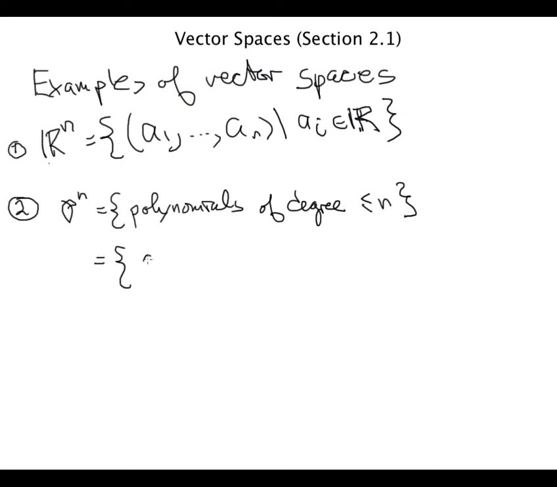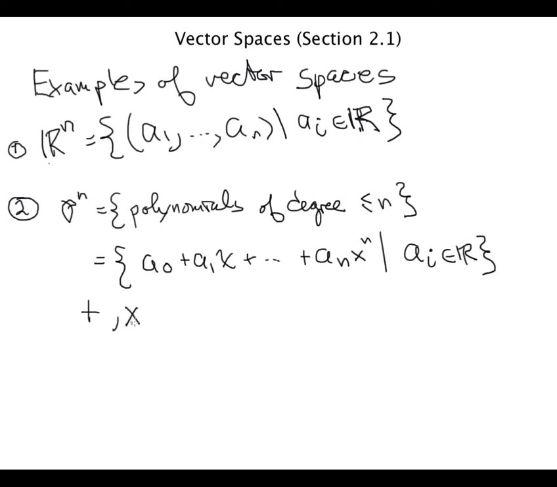That's the set of things of the form a0 plus a1 times x plus dot dot dot plus an x to the n, where the a_i are real numbers and x is an indeterminate. To say that this is a vector space is to say that it has two operations on it, plus and times, and they're the usual operations you're familiar with for adding polynomials and scalar multiplication of polynomials.